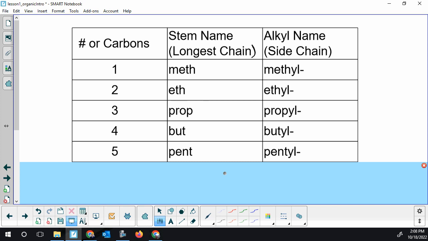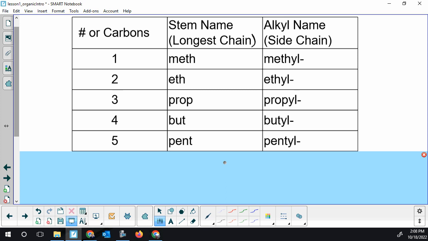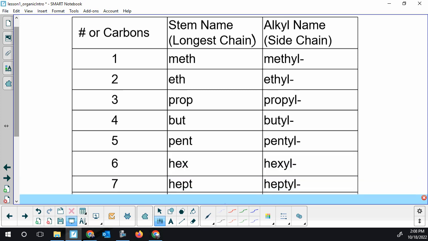Then we're into our polygon shapes. If you remember your elementary shapes, 5-sided is a pentagon, so pent, hex for 6, hept for 7, oct for 8. And I'll scroll down in a second.